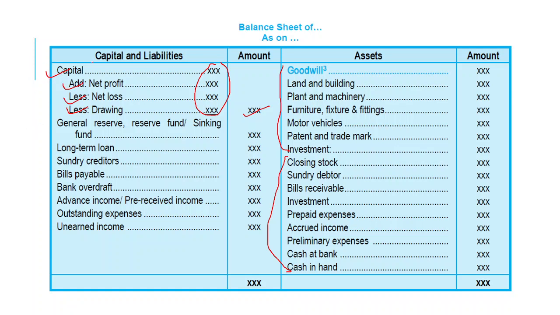For example, capital itself is a capital item, and the general reserve and all the reserves are also capital items. And then it is suggested to record long-term liabilities at the top, and record current liabilities after that. This is what is normally suggested while preparing a balance sheet.